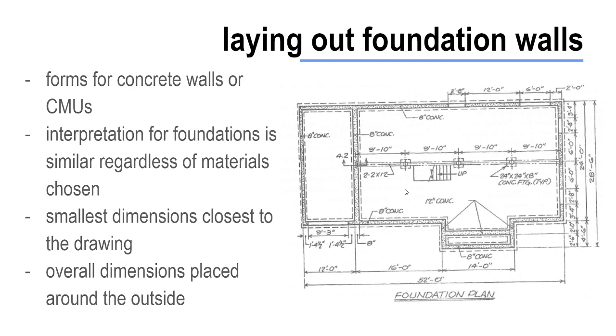Now, your foundation walls. It depends really on what your foundation is being made of, but ultimately laying them out in a plan is going to be exactly the same.